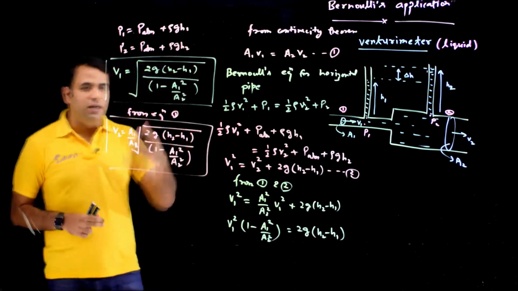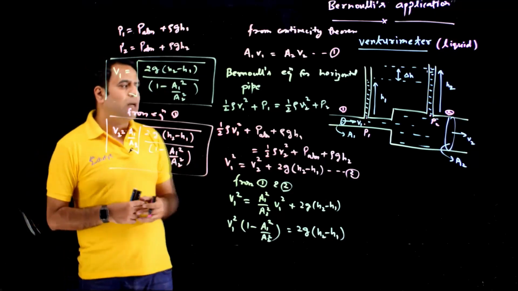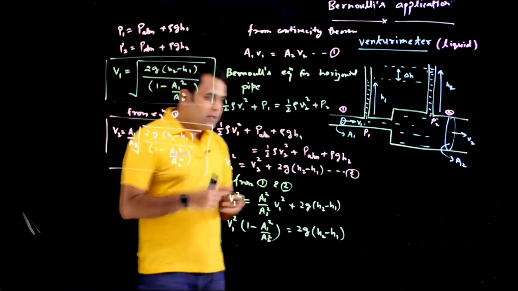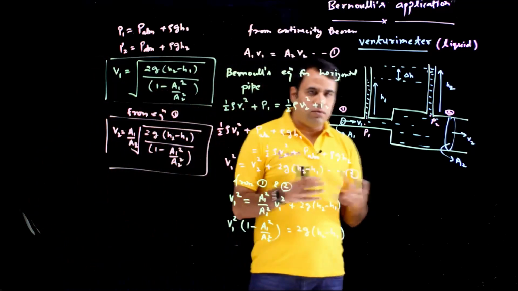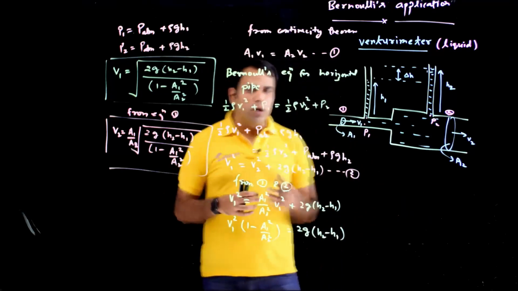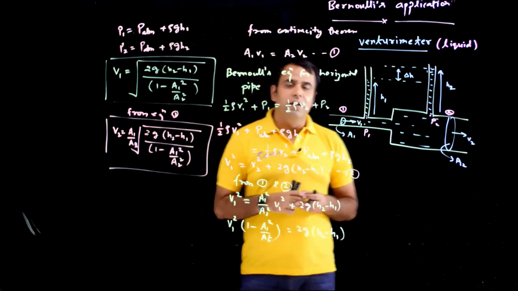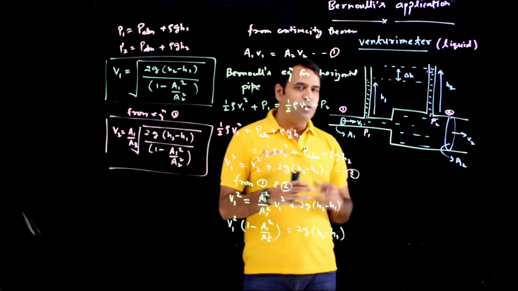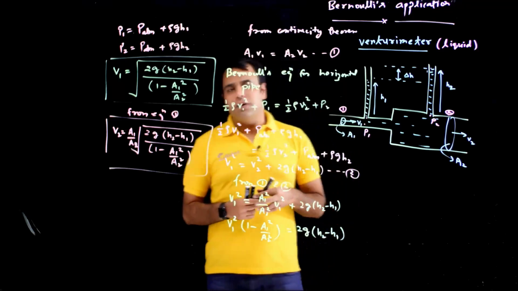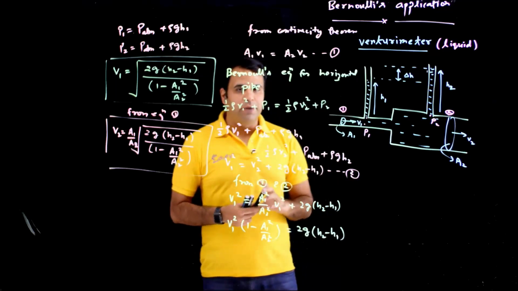In this formula, if we want to do some approximations, we can do them. In terms of approximation, this A2 value is generally quite large in comparison to A1. We apply this principle in the case of water, like a drainage system or a water supply system. When water gets supplied, the dimension of the original pipe from where the water is coming is very large in comparison to the pipe at our home. At our home we have a fixed pipe diameter, so that value they know.